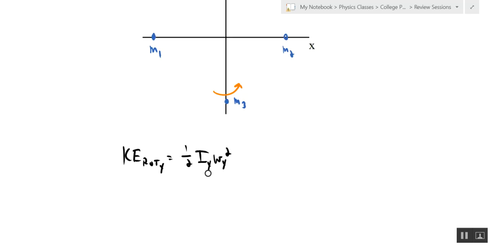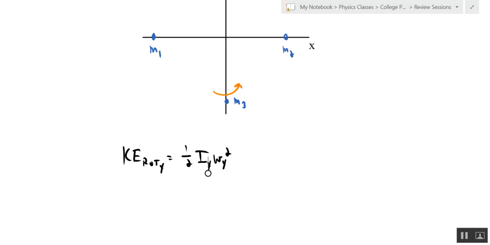A question: to find M1 first, that's the step, and then we use that for equation 2. To find M1, how do we find it if we don't know I? You do know I. Is it given? Yeah, you calculate it. Is I the moment of inertia? Yes, I is the moment of inertia. Okay, and once you find M1 from that, then you just use that equation, but shortened.